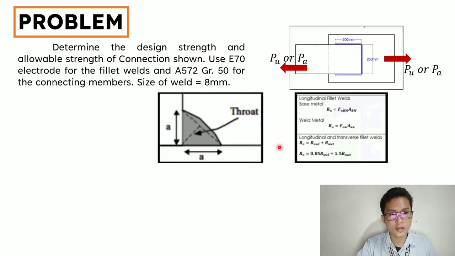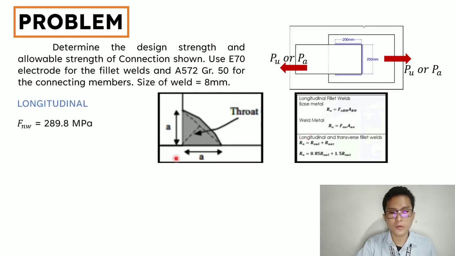As you can see here, there are our longitudinal and transverse fillet welds equations. So first we will solve for longitudinal fillet welds. For our F sub NW, we solved earlier, we got 289.8 megapascal.